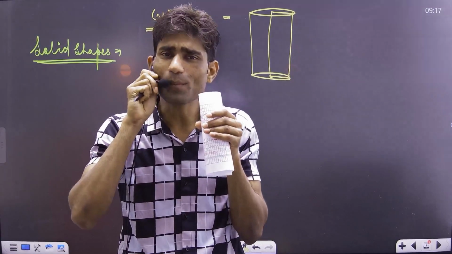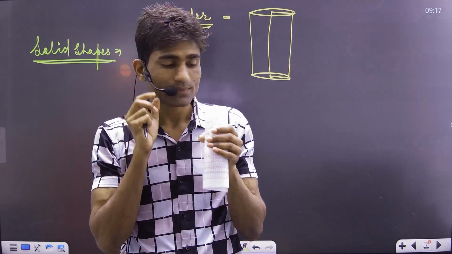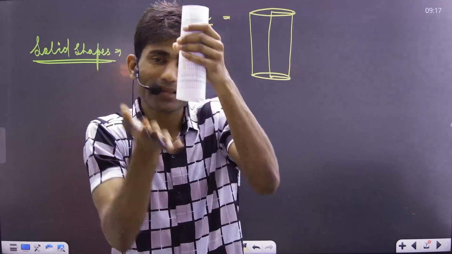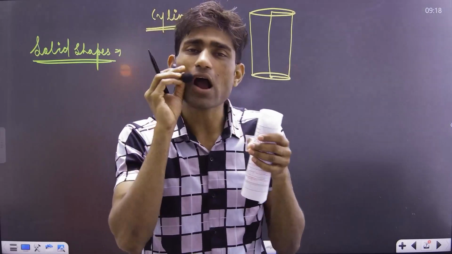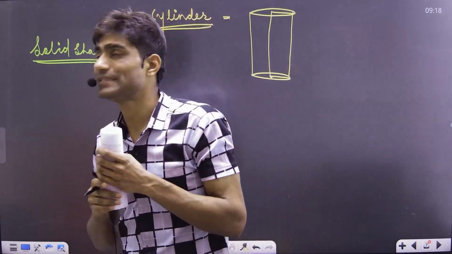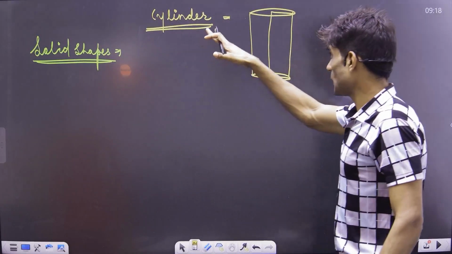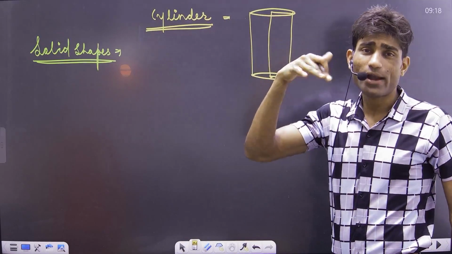After that, total surface area means the area of the top, the area of the bottom, plus all the area of our curved or lateral surface. So all of this comes under total surface area, curved surface area, lateral surface area, and volume of our cylinder.